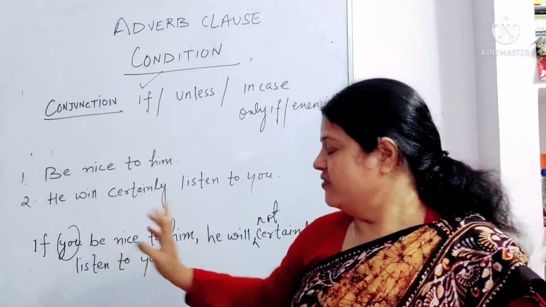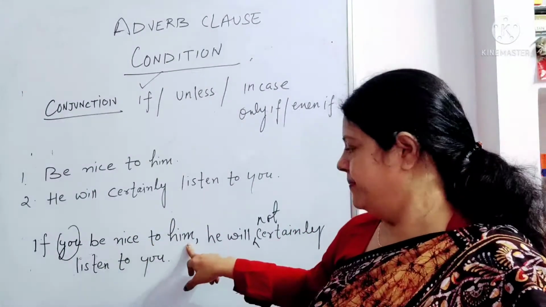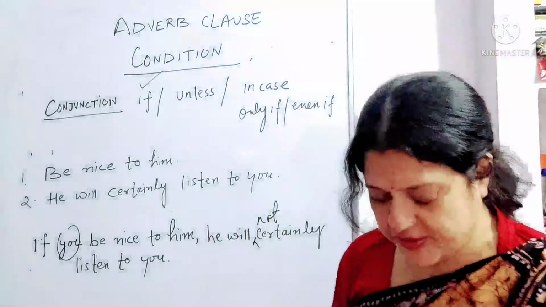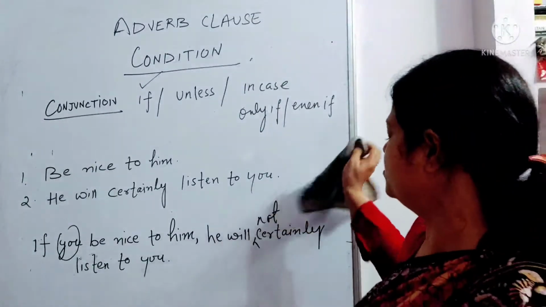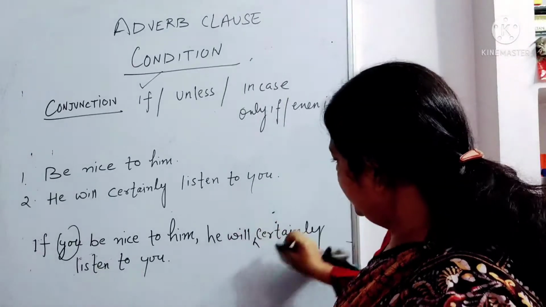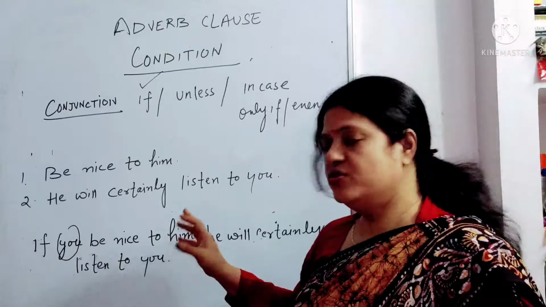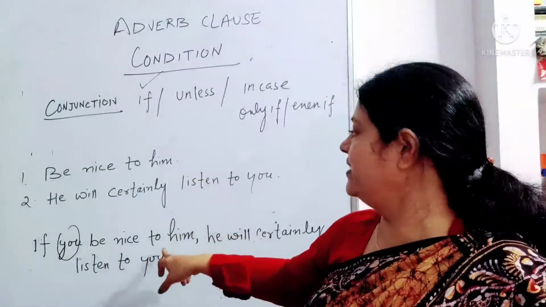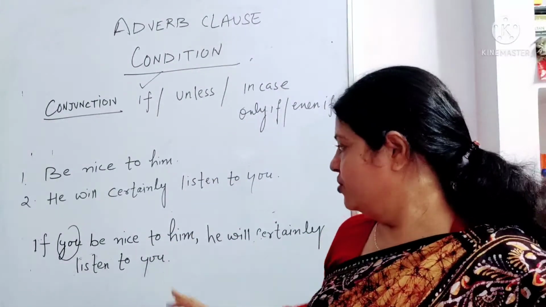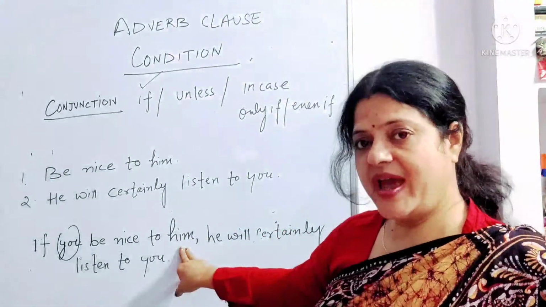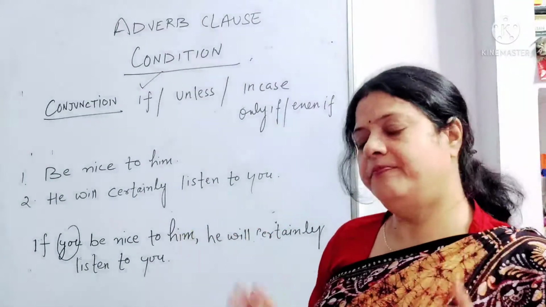Like here we see, if you be nice to him, he will certainly listen to you. So if you be nice to him, we see that this subordinating clause is actually in present tense.